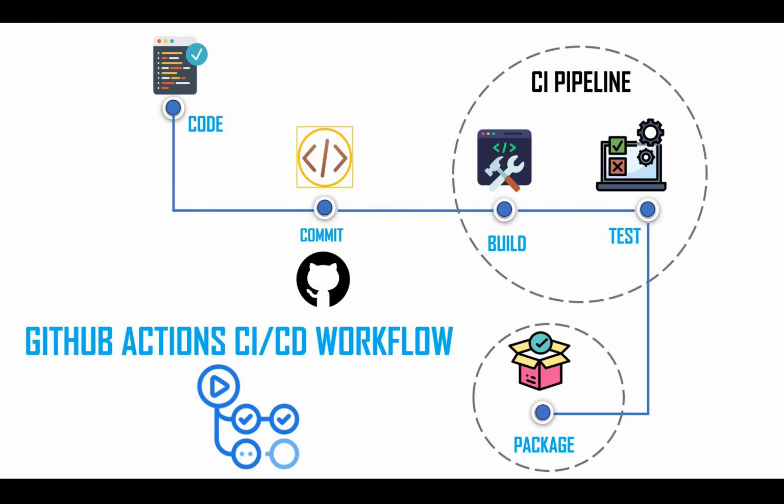And we also see hands-on how we commit the code from our Windows machine to the GitHub repository. And once you do that, we'll talk about the GitHub workflow, the YAML file and how it is defined. Once we do the commit or push, we will have the GitHub workflow running, and at the end we'll have the package ready. Okay, so this will be the overall workflow for this tutorial.